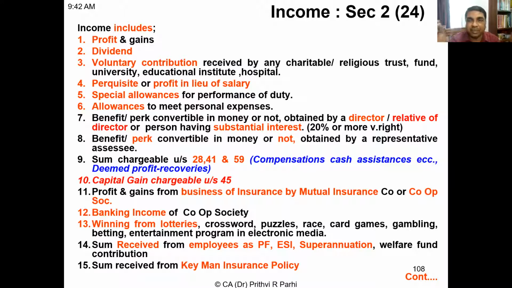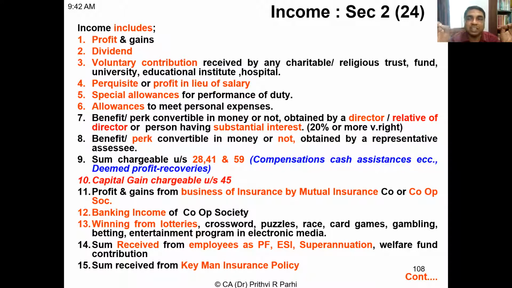If this type of benefit is received by the director, or by a relative of the director, it may be a perquisite. Suppose a car is given to him to use for personal purposes. That is a perquisite.